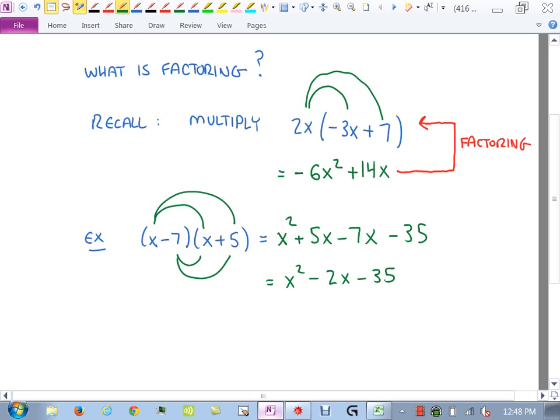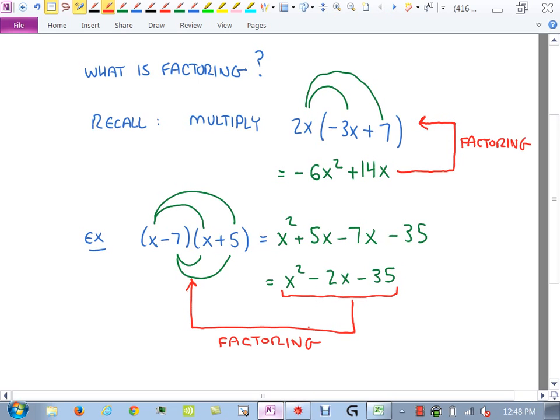So again, that's not factoring. Factoring would be starting with this, and ending back there. So do y'all understand that factoring is just going to be a reverse process of something we've already done? But it's much harder than what we've done to go backwards.